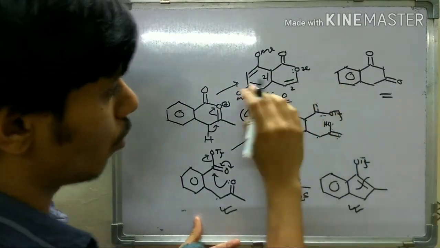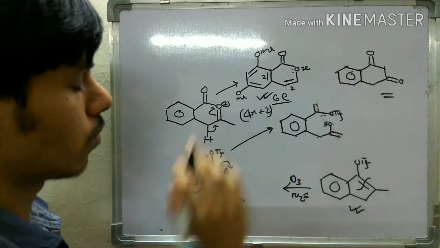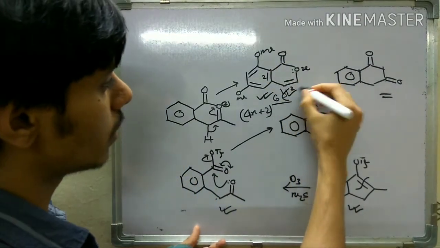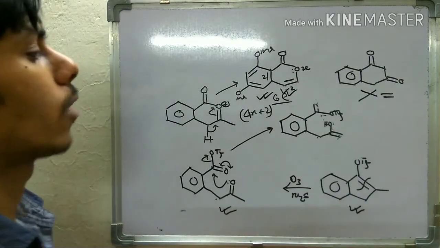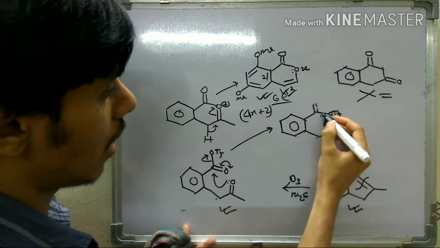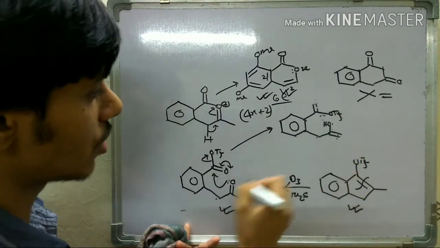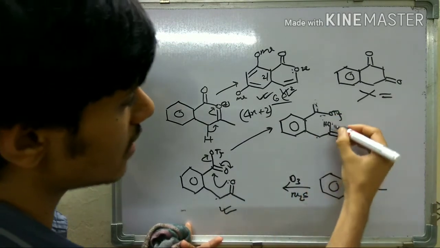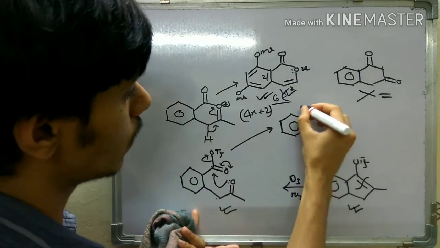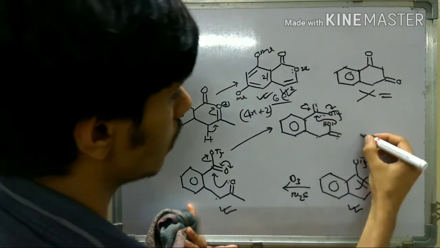Now what are the chances of these two different products? In this reaction this will be the product and this will not be the product, because the same logic applies here, that this is the case of C-alkylation versus O-alkylation, and you can generate this product from this also. If this oxygen lone pair attacks here, what will you get?